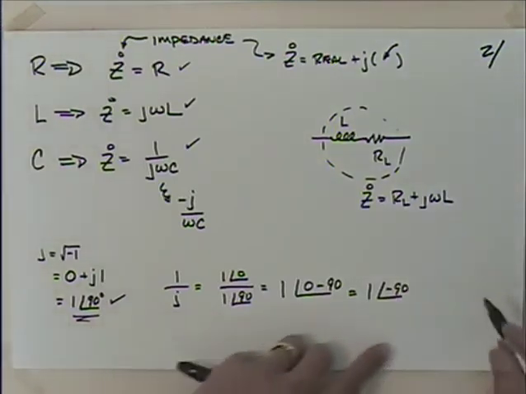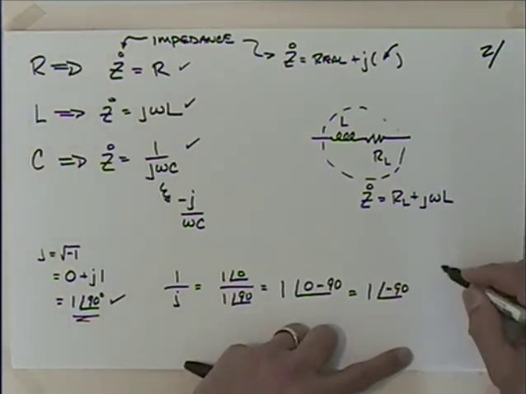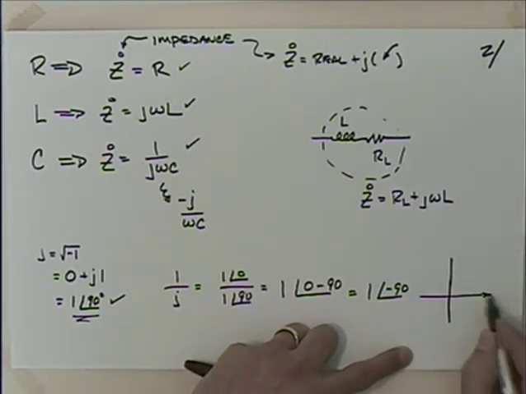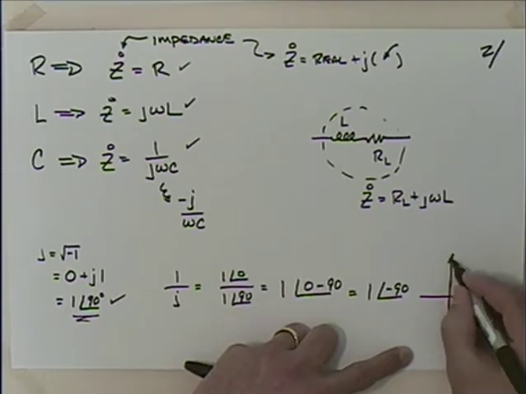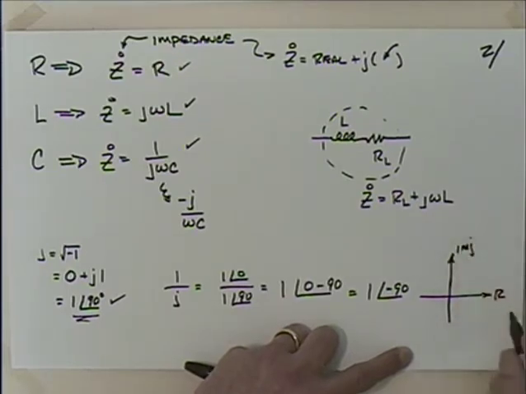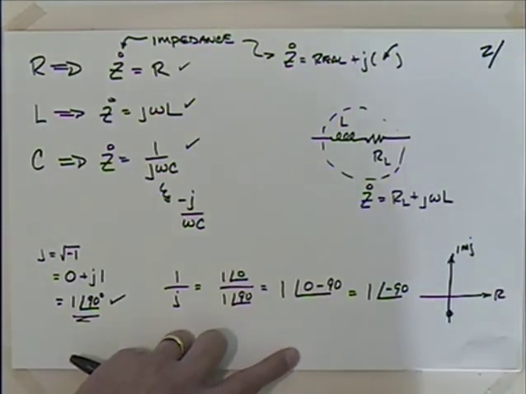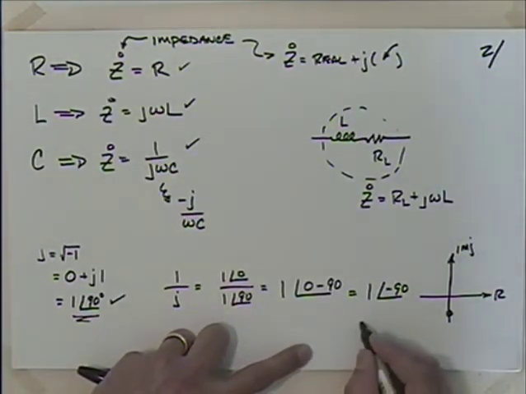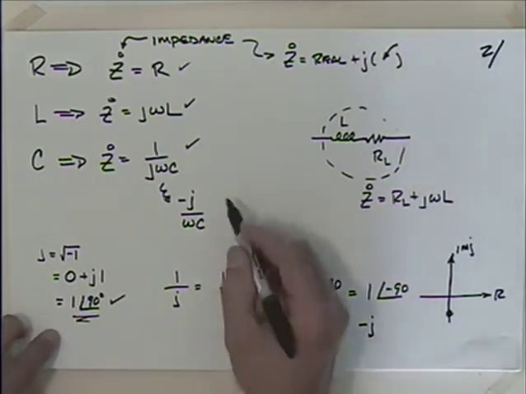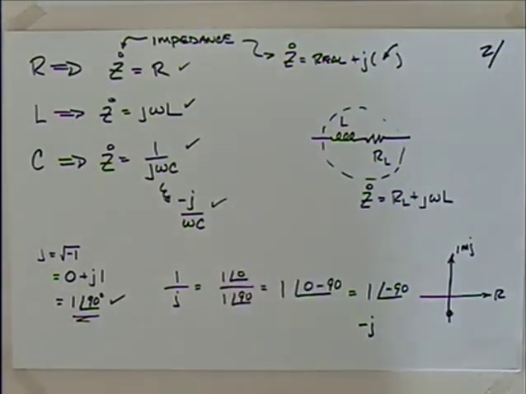Now if I go on to the complex plane, where this is the real and this is the imaginary, 1 at minus 90 is down there. What would be another name for 1 at minus 90? That would be minus j, wouldn't it? So that's how we can come up with that one.